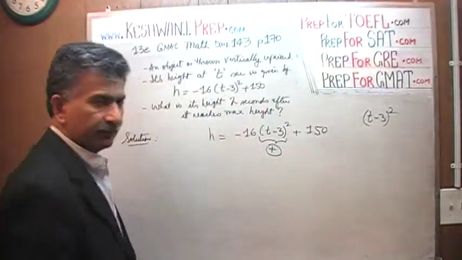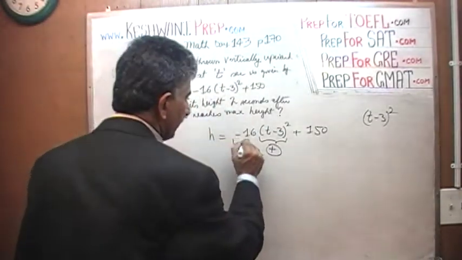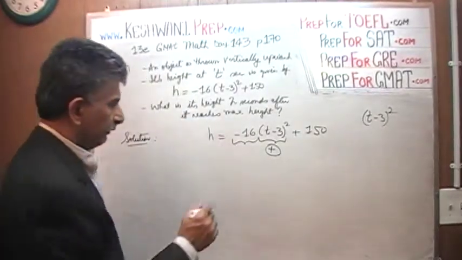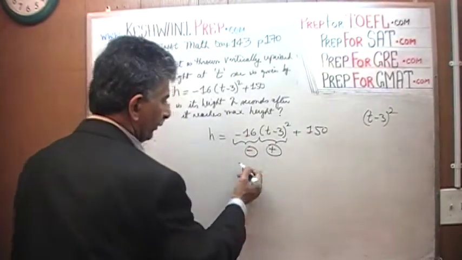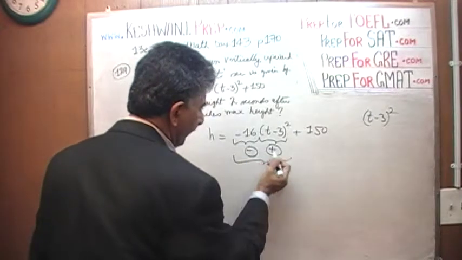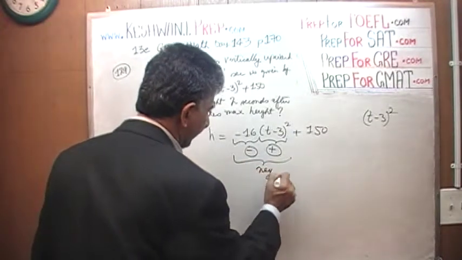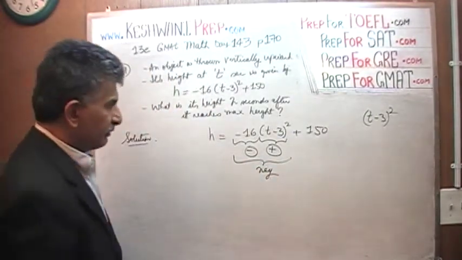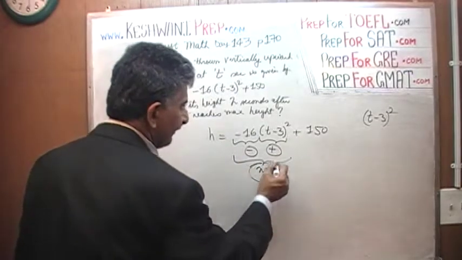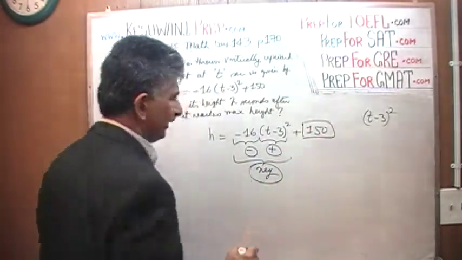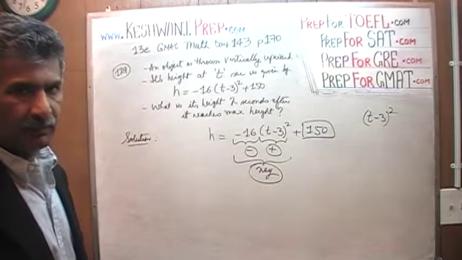So this part is positive. Then it's being multiplied by -16, which of course is negative. So this entire thing is a product of a negative and a positive, which means the entire thing is negative. Which means it's taking away some amount from 150.